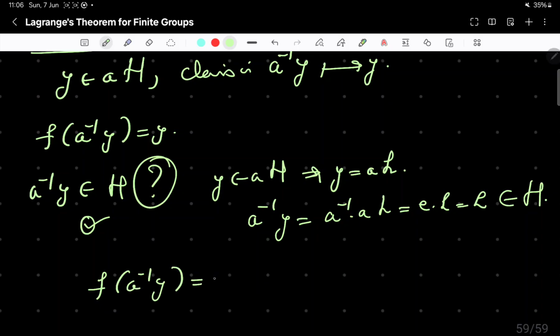So let's see what happens with A inverse y. f of A inverse y is what? A of A inverse y, that is equal to e y, which is equal to y.